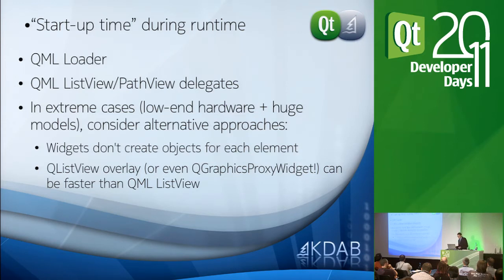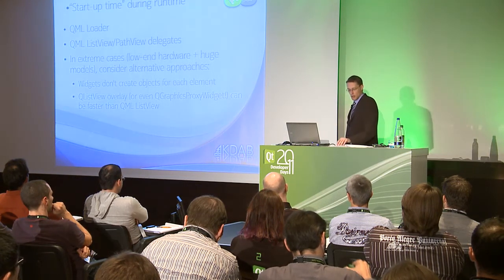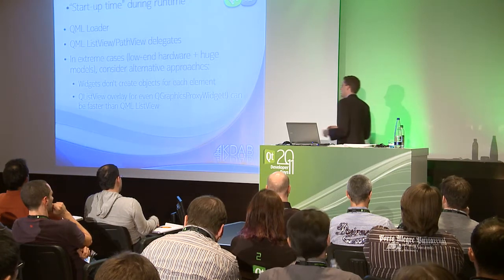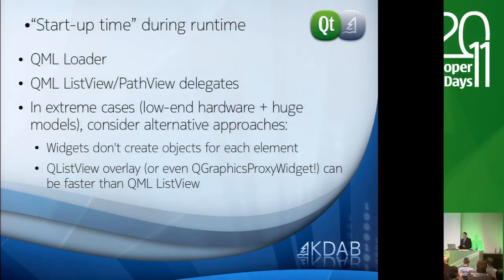In the remaining time, which is unfortunately not that much, we'll look at a number of other areas that are also often involved in performance problems. But this is the most common one, and the one you will probably find in all QML applications.